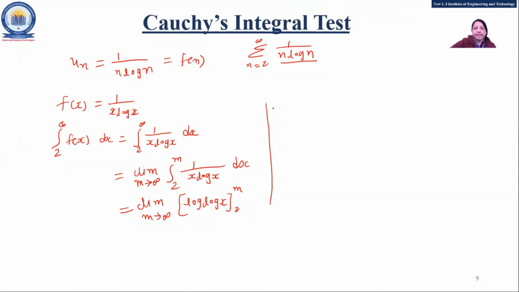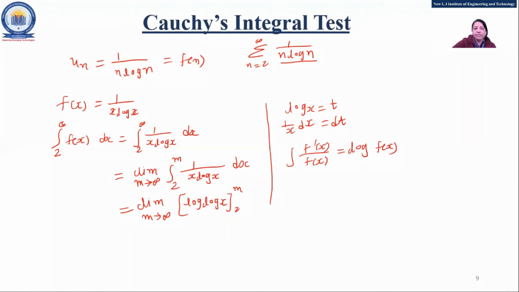So log x equal to t, differentiate it, so you can say 1 by x dx equal to dt. Or the other way is that the integration of f'(x) upon f(x) is log f(x).